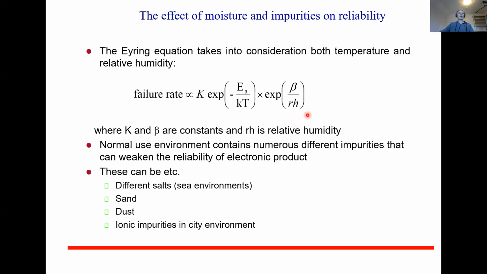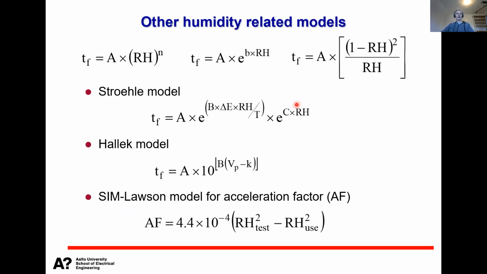Okay, so Eyring's model is the most common one, but of course it is not the only one. And this is just to show which kind of models you can find from the literature, so don't even try to remember all these. Here most of the equations have time to failure, TF, on one side, and then on the other side some constant, relative humidity, and then perhaps some power or other constants like this.